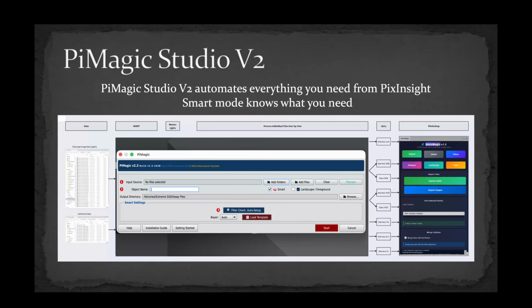And you'll find as you use the system, it learns the filter names, so most of the time you'll just click filter check, quickly glance at it and then click OK. And once the start button turns green, then you're ready to go. And that will create the files that you can then load into Photoshop using AstroMagic.